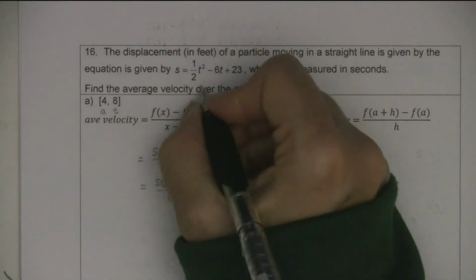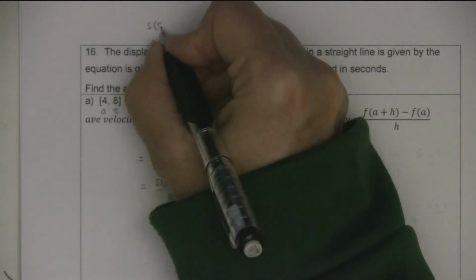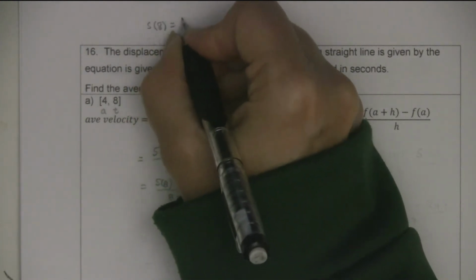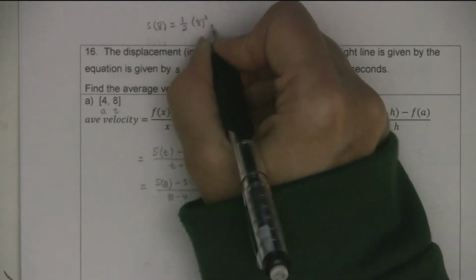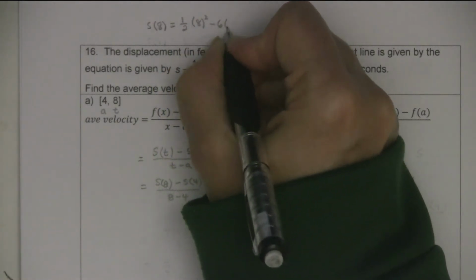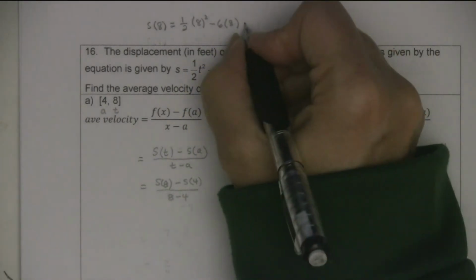And then I want to find S at 8. You can see that I found it before. I told you I didn't want to print the whole thing again because this wasn't my first take. I was honest about it even though I was told to keep it. Mum's the word, right? Plus 23.